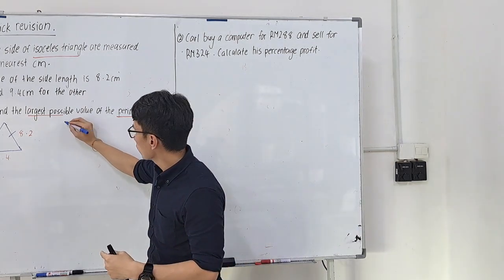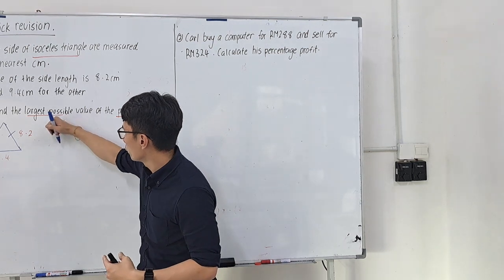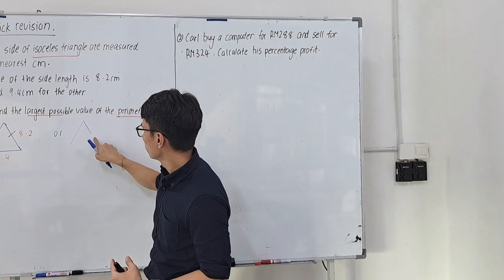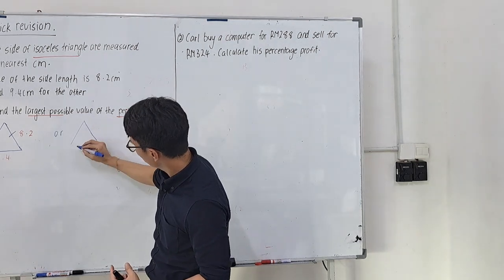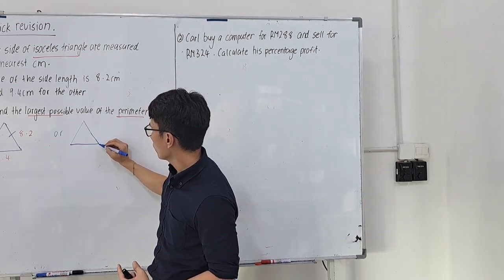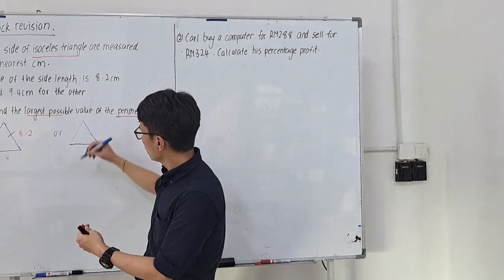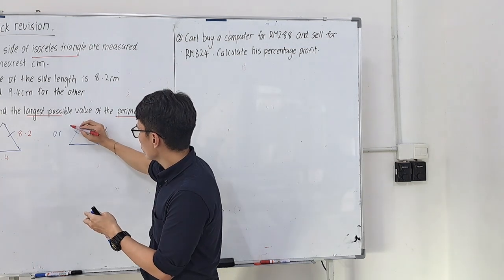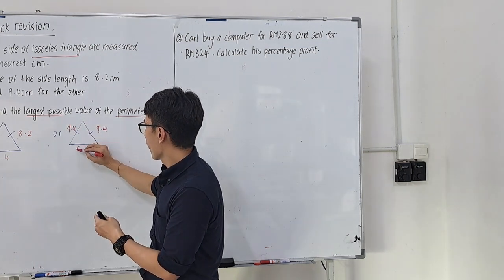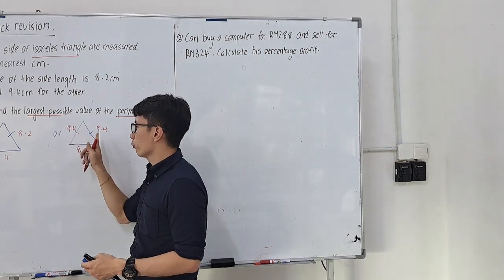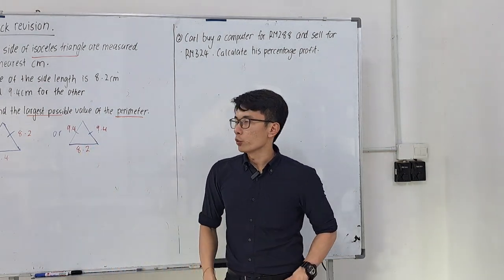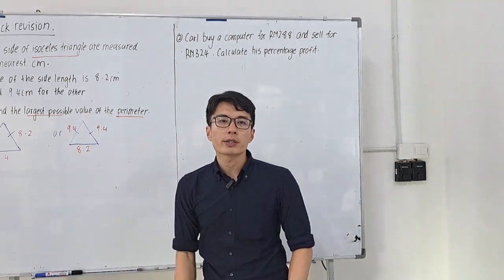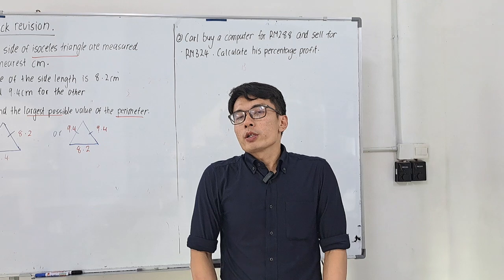No, because we can have another option. Instead, 9.4 can be over here as well, and if 9.4 is over here, 8.2 should be over here. In other words, there are two possible isosceles triangles we are dealing with. So which one is the correct one?